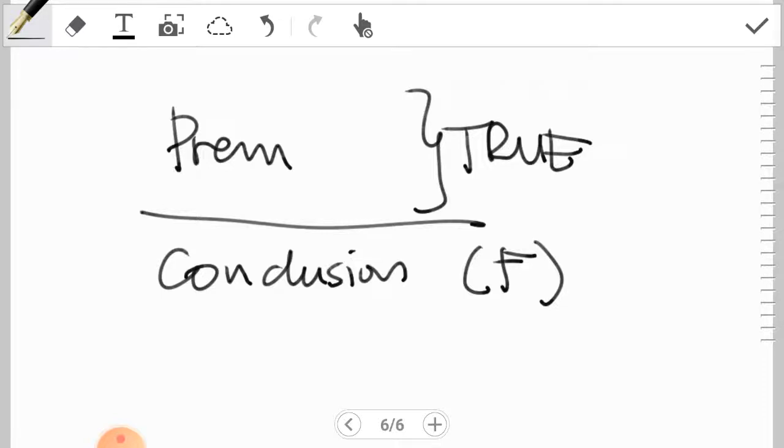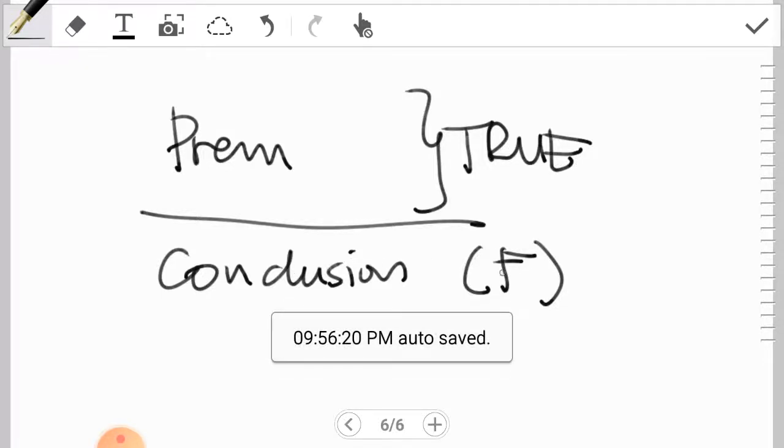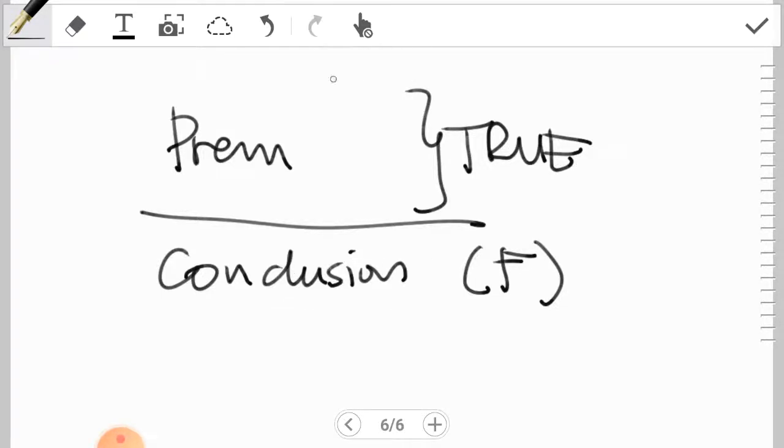So we will try to analyze the propositions given so that we satisfy these conditions: that the conclusion is false, each premise is true, to make the argument invalid. Now, if we cannot come up with this, then it means the argument is a valid argument.